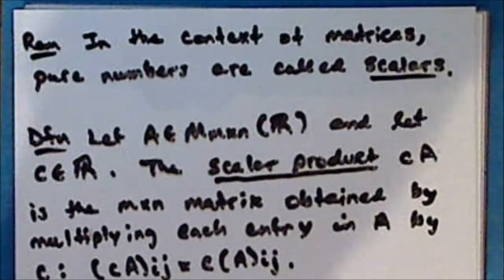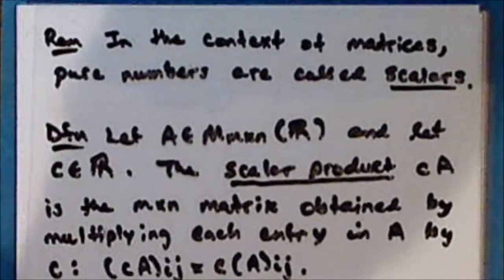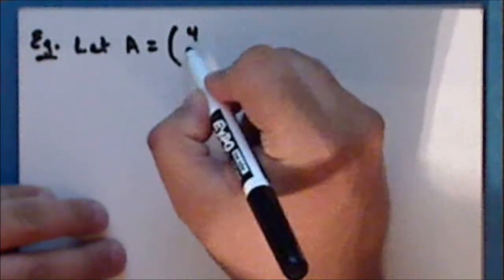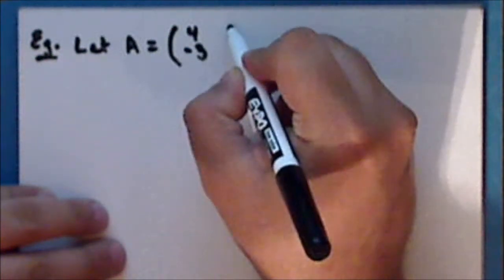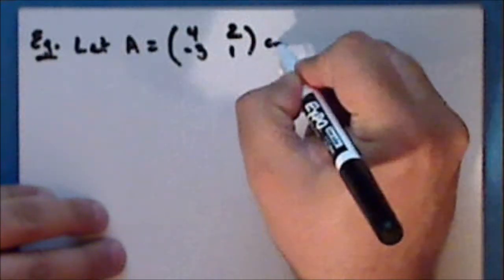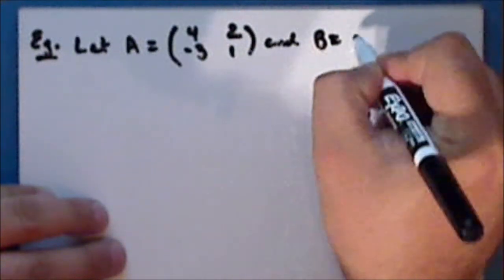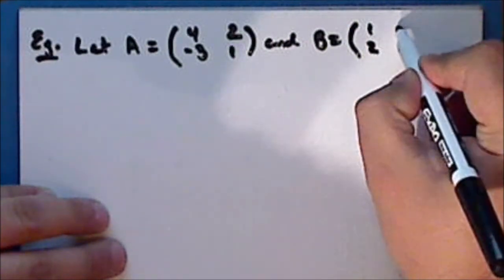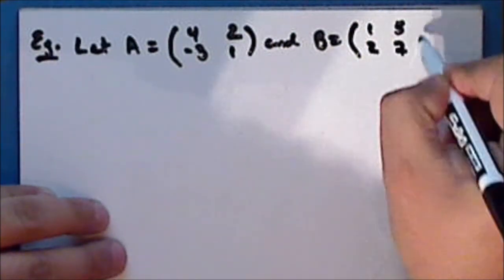So let's look at an example. Let A be the matrix with columns 4, -3, 2, and 1. And let B be the matrix with columns 1, 2, 5, 7.